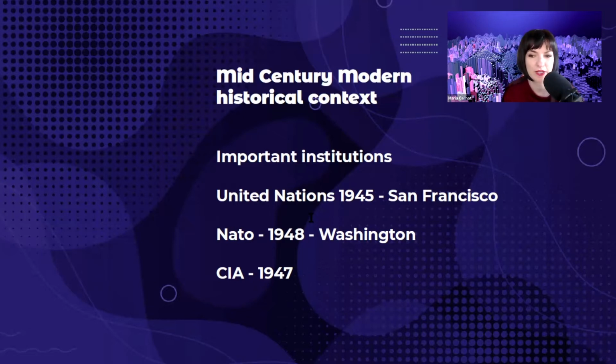What is also very peculiar and interesting is that even though the United Nations had a security component and department, in 1948 in Washington, the United States felt the need to somehow have a parallel institution. So this is how NATO was created. It is basically focused on security and international security.